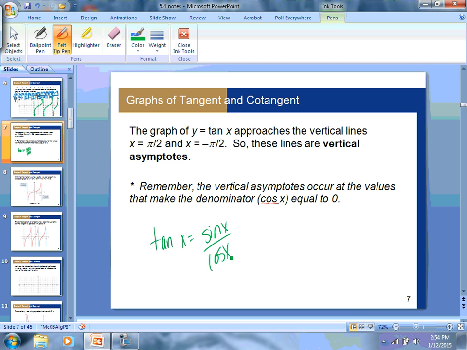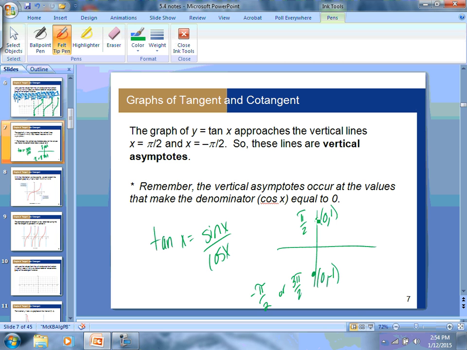So anytime cosine is equal to 0, that's when my denominator is going to be 0. So cosine is going to be 0 here at (0, 1) and (0, -1). Remember, in our ordered pair, cosine comes first. So this value is pi over 2, and this value is 3 pi over 2, but remember, that's also negative pi over 2. We're going to be seeing it written that way a lot more.